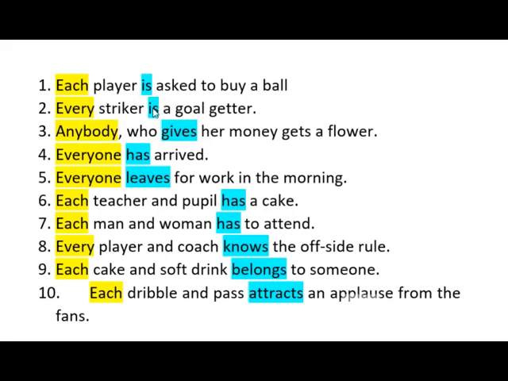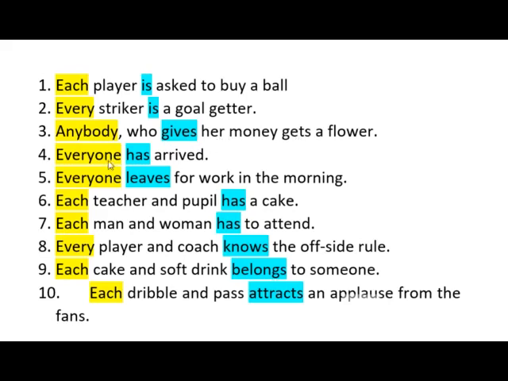Is is a singular verb because of the word that started the sentence, every. Number 3, anybody who gives her money gets a flower. Gives is a singular verb. We also have another verb, gets, a singular verb as well.